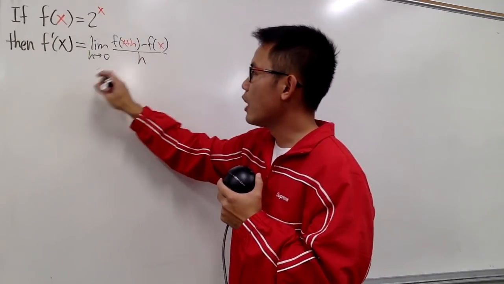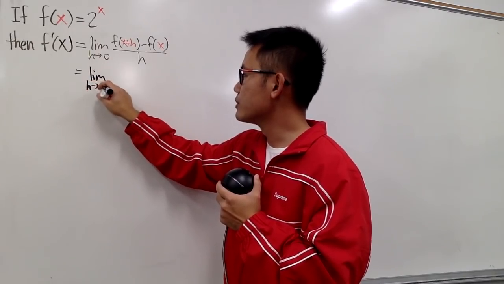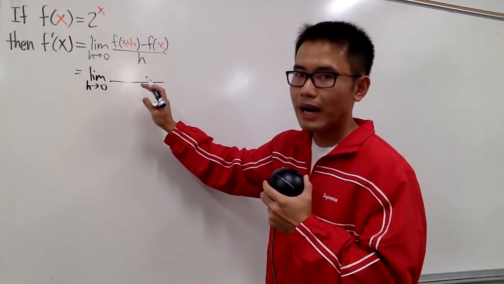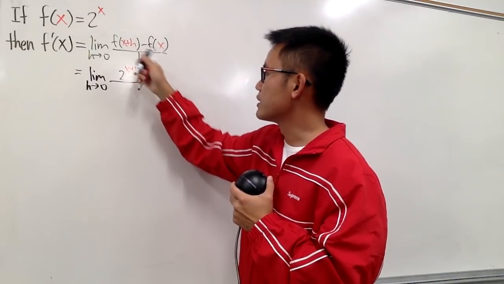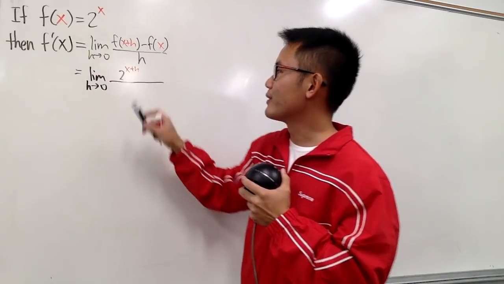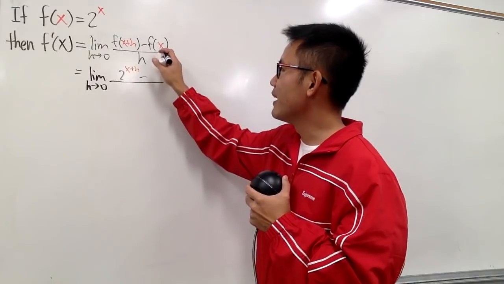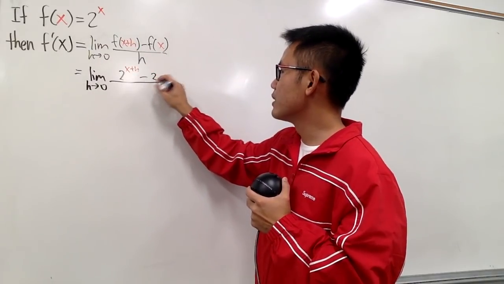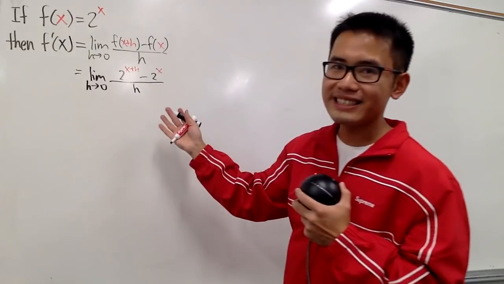So this is the same as the limit as h goes to 0 of 2 to the x plus h, because we're just plugging x plus h in as our new input, and then minus f of x, which is exactly just 2 to the x, and then over h.